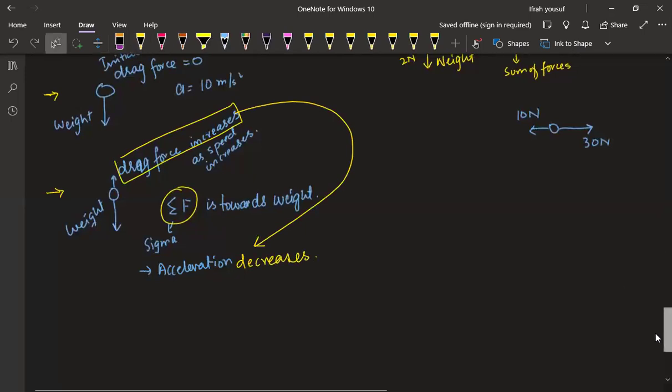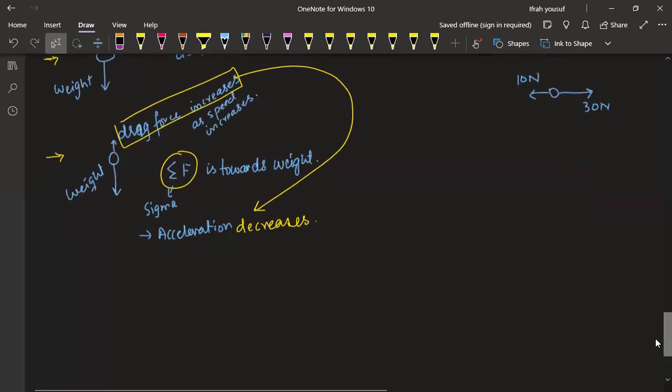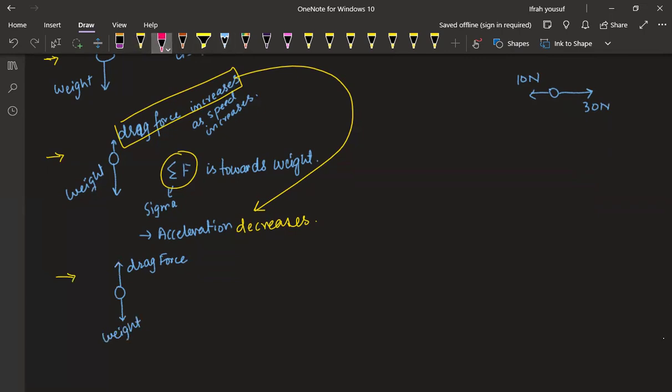After that, when the size of the drag force and the weight both become equal, what will happen? This is your third step. If both become the same, in this case, what are you observing? The terminal velocity. So this is the point where both forces have become equal.